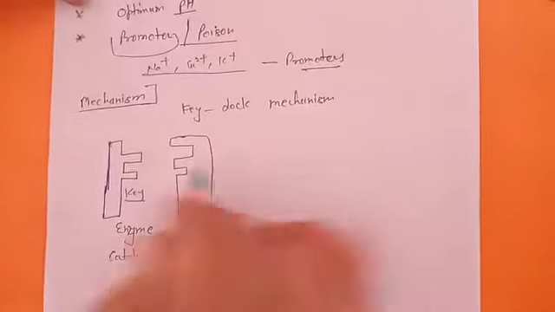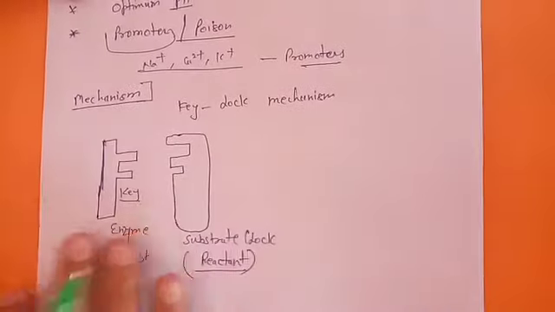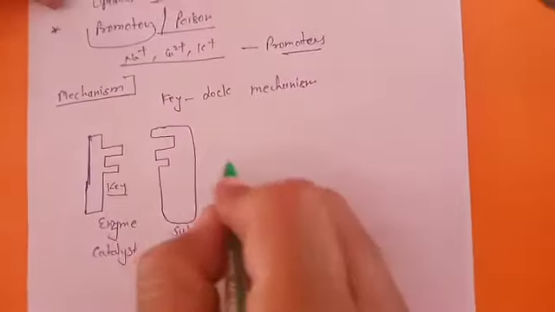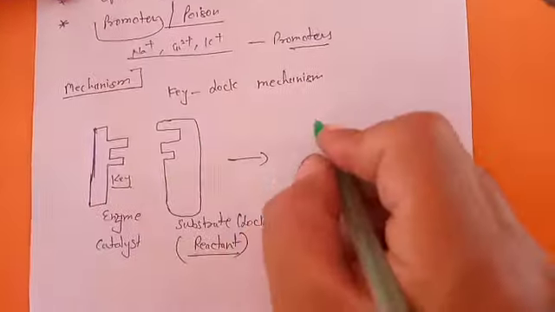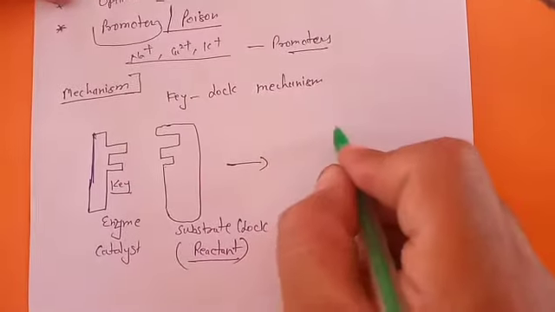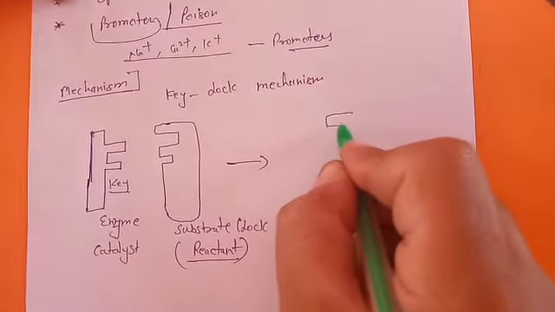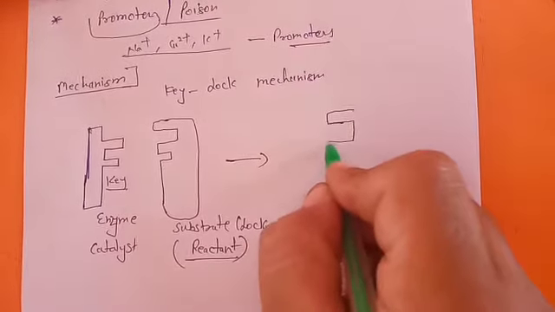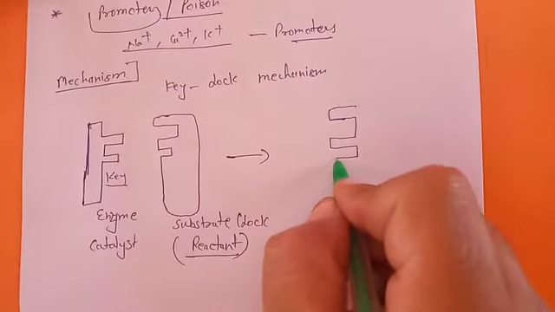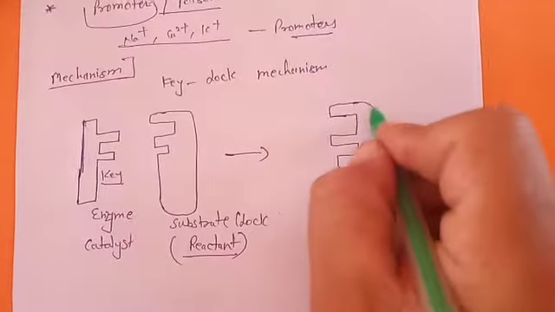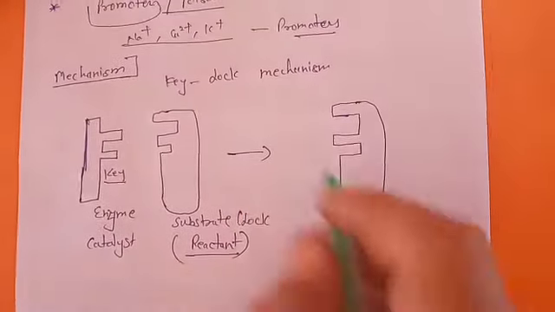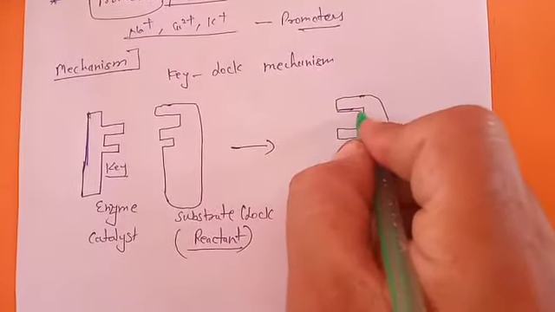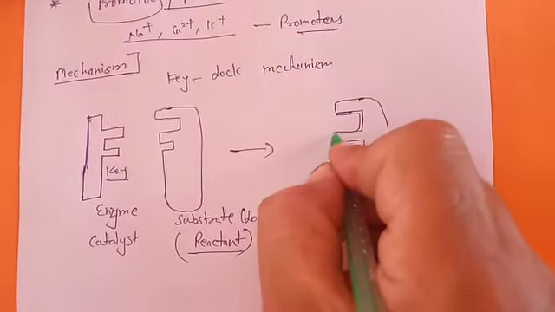In the first step you will show the key and lock separately. In the next step you will show them in a combined manner. First you draw the substrate in the same manner, now fit the enzyme or key in it.